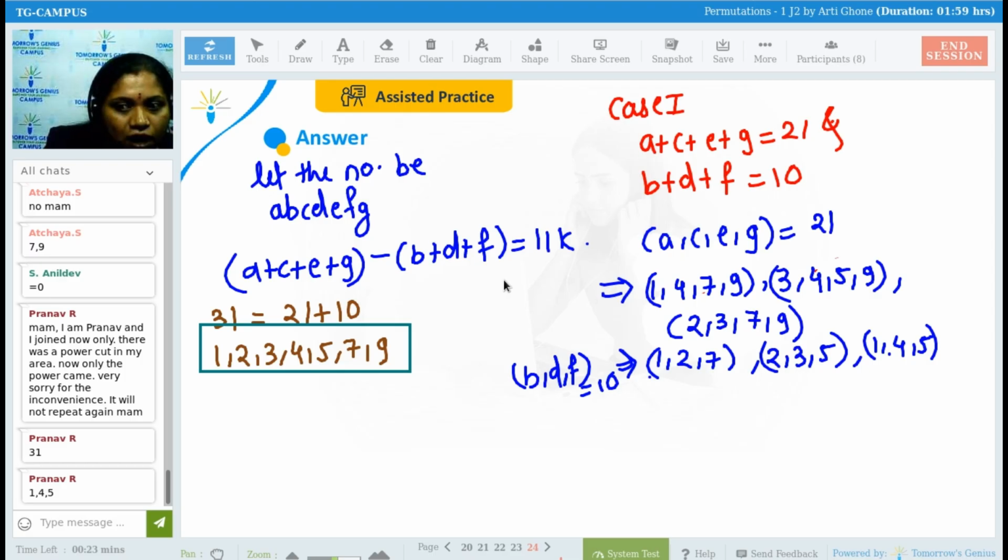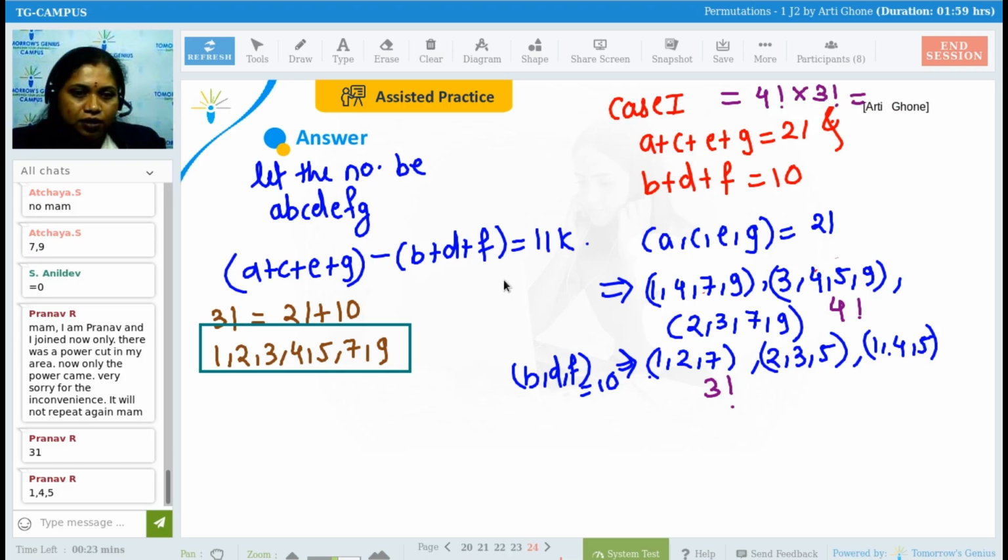So this is 4P4, that is 4 factorial, or we can say 4 places and 4 digits. And here 3 places and 3 digits, so it is 3 factorial. So case 1 is producing 4 factorial into 3 factorial. Clear? First case is clear.